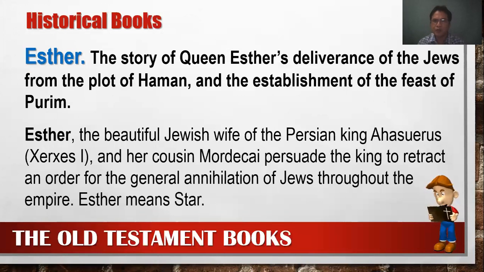Esther, the beautiful Jewish wife of the Persian king Ahasuerus or Xerxes I, and her cousin Mordecai persuaded the king to retract an order for the general annihilation of Jews throughout the empire. So Esther was instrumental for this. And Esther means star.